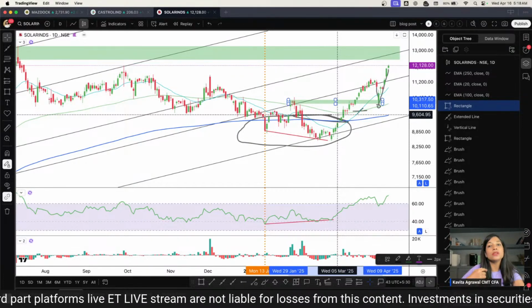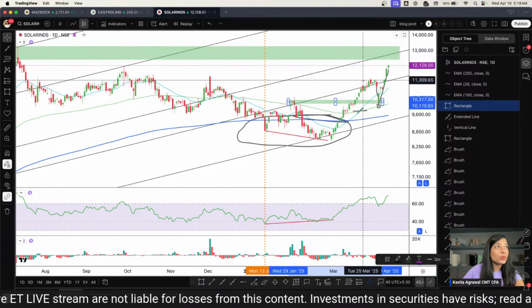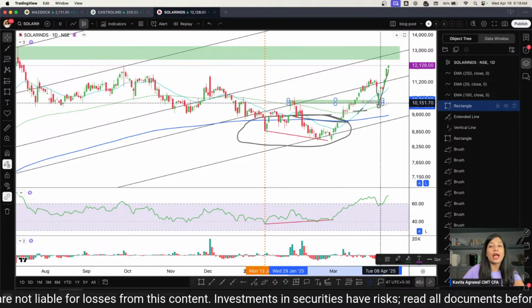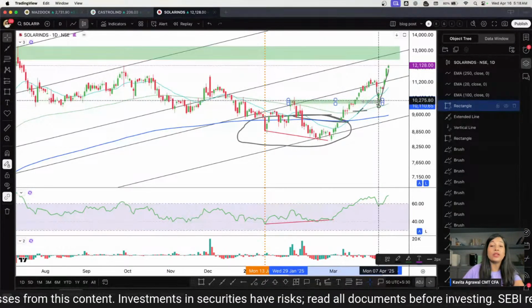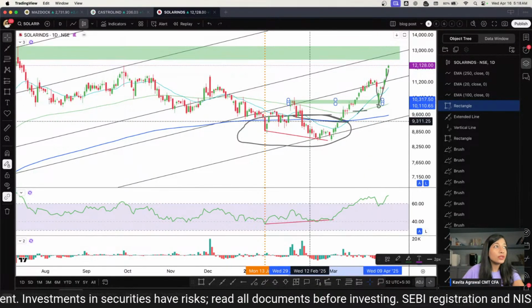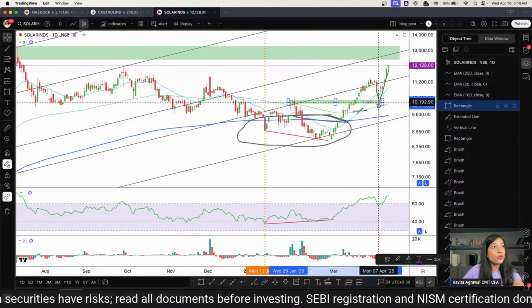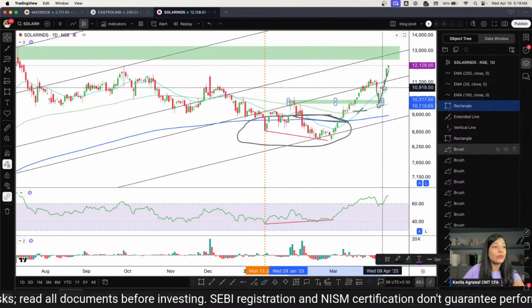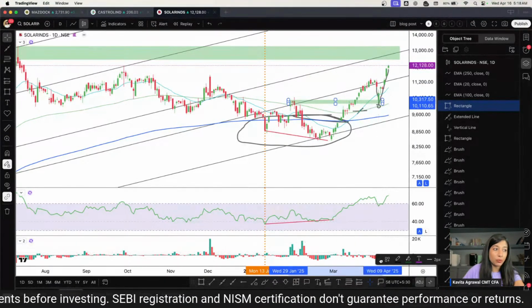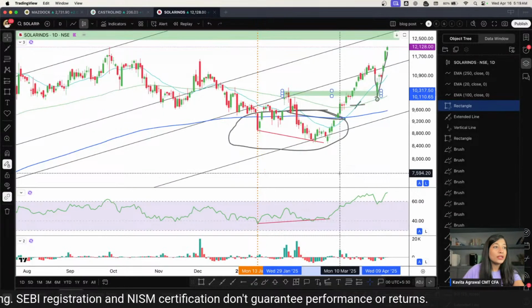Now, because the resistance has been breached, the price, when it approaches the same level, acts as the support, offering us a very good entry opportunity. So here, this level was a very good entry zone, and now we can see the price has continued upward strongly. Let's take a look at the volume.